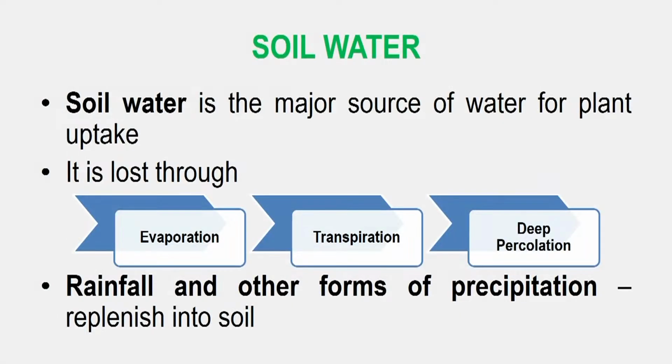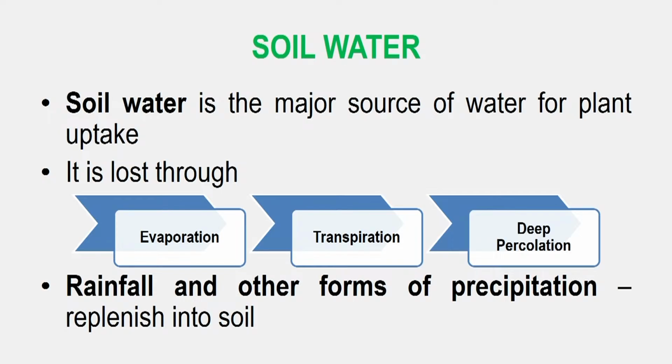So dear learners, let's first learn about soil water. Plants take up water from the soil, and the water that the soil holds is termed soil water. In soil, water comes through various sources, and the most natural source is rainfall or other forms of precipitation.